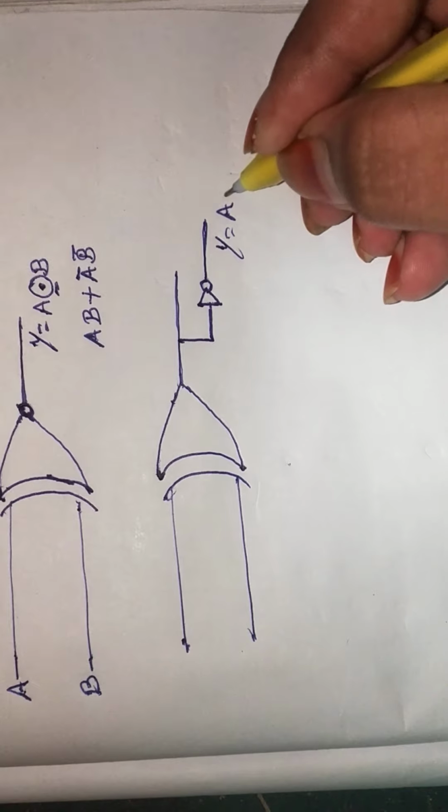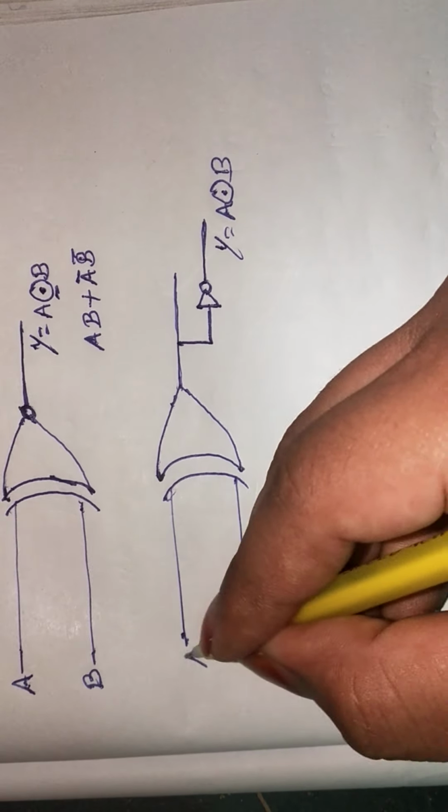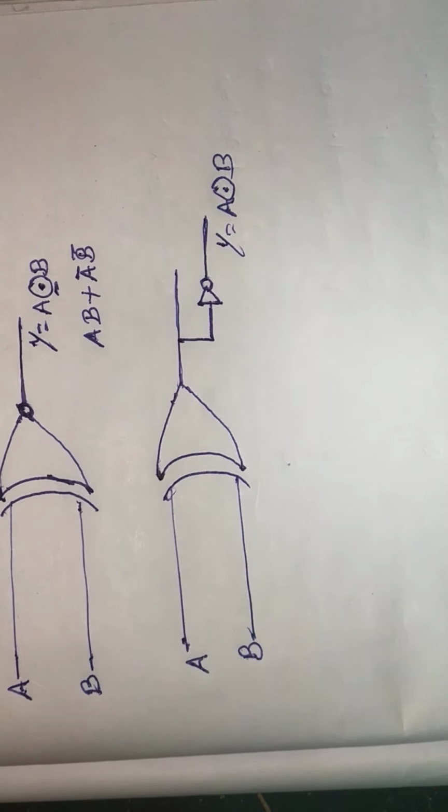Y equal to A XNOR B, where A and B are the two input variables.